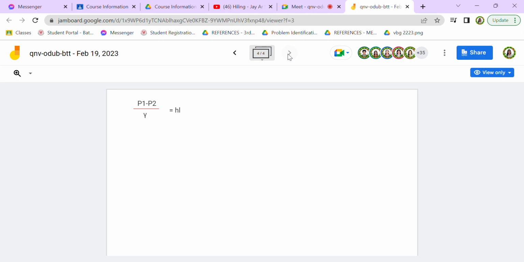So P1 minus P2 is equivalent to 689.3 kPa minus 516.9 kPa divided by 9.81 kilonewton per cubic meter.